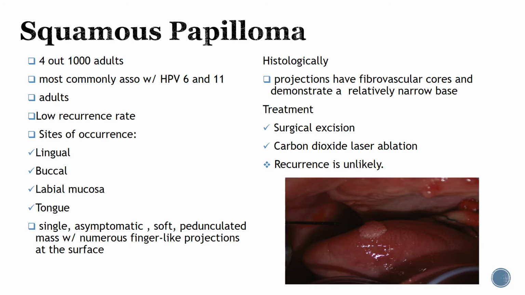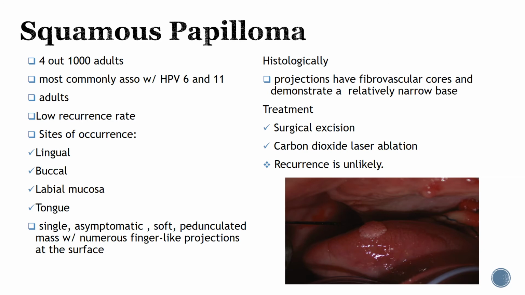The lesions typically present in adults and generally have a lower recurrence rate, are singular, and are less proliferative than squamous papillomas of other sites of the head and neck, such as the larynx. The site of occurrence typically involves the lingual, buccal, and labial mucosa and the tongue. Squamous papilloma typically presents as a single asymptomatic soft pedunculated mass with numerous finger-like projections at the surface.